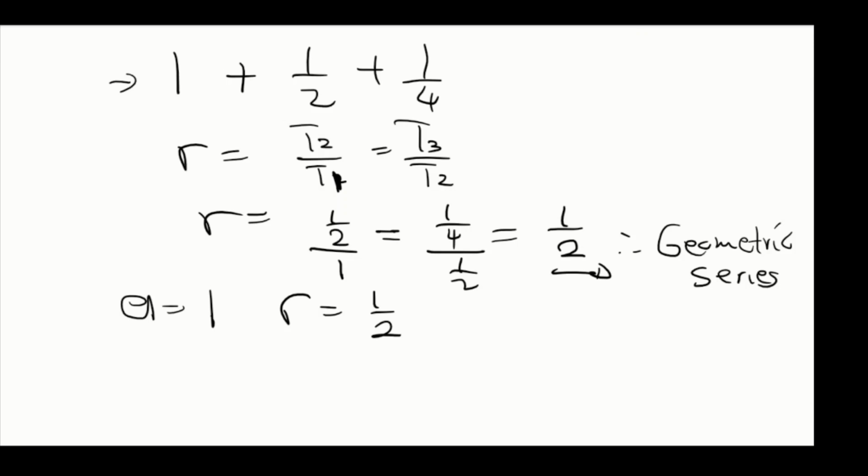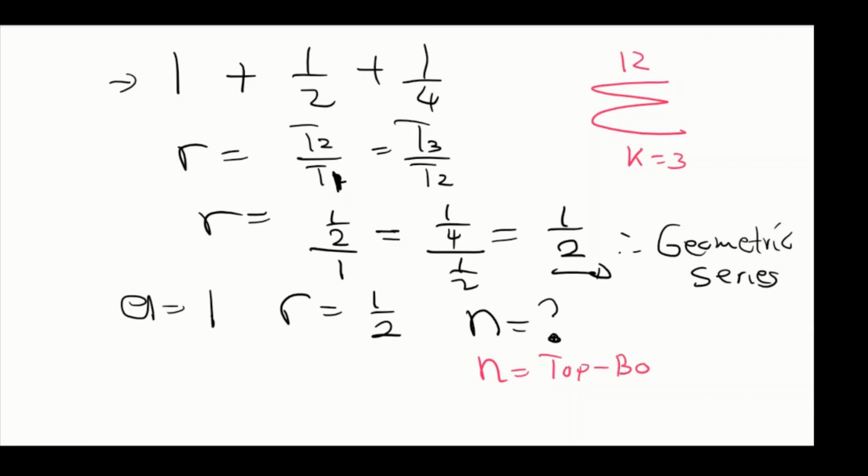But before we do that, we need to identify the number of terms of this sequence. Remember that the sum we were given initially in the problem was the sum to the power 12 when k is equal to 3. So to find the number of terms, we say n is equal to top minus bottom plus 1.